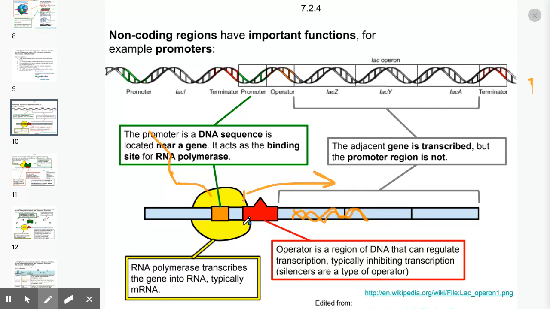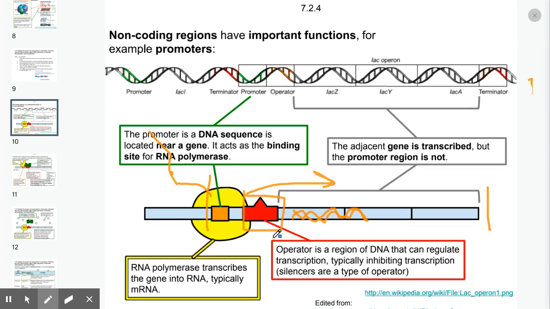But there are some things that happen around this promoter region. So, I'm sorry, the promoter region is this area here where the RNA polymerase binds. However, there's something that happens here at the operator, because certain things can either enhance or increase transcription, or they can prevent it or inhibit it by binding or interacting with this specific area of our DNA. So I want you to think of this stretch of DNA, like from here to here, in 4 pieces. You have the promoter region where the RNA polymerase binds.